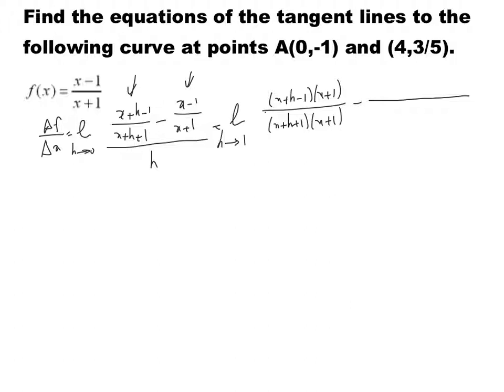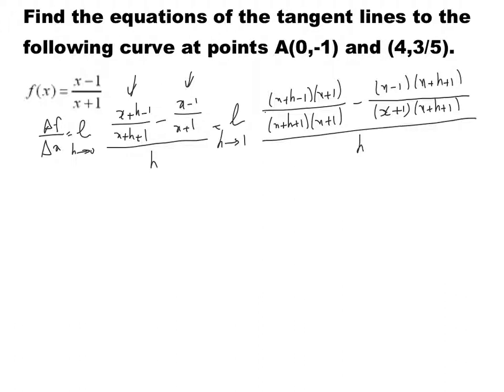I'm going to multiply numerator and denominator by x plus h plus 1. So it's x minus 1 times x plus h plus 1 divided by x plus 1 times x plus h plus 1, all divided by h.